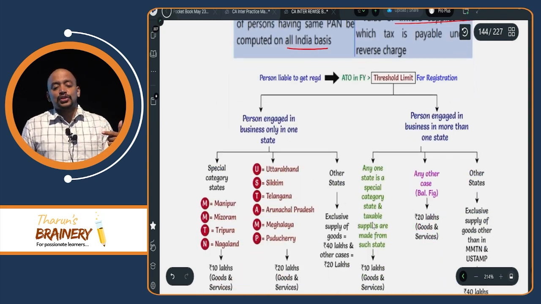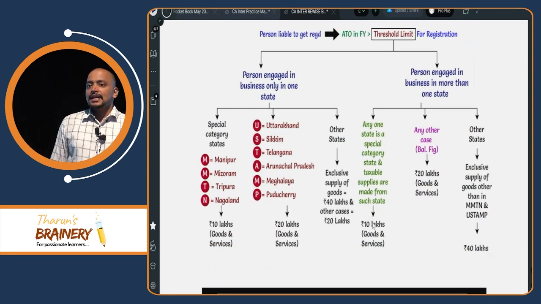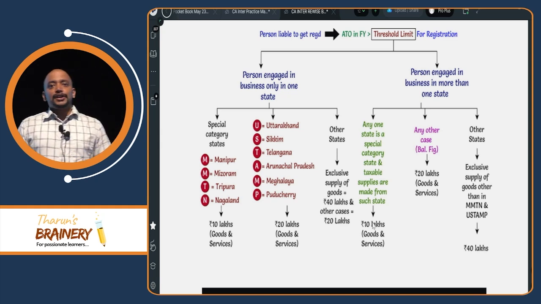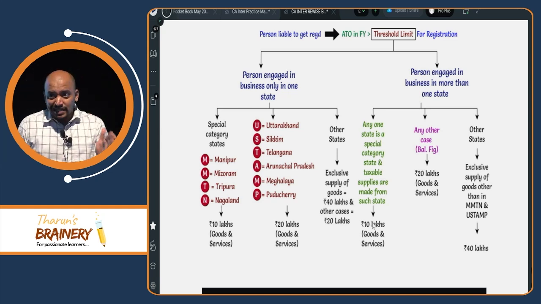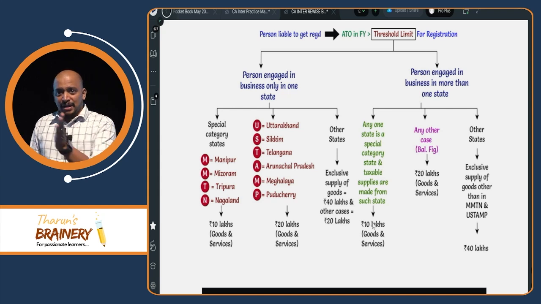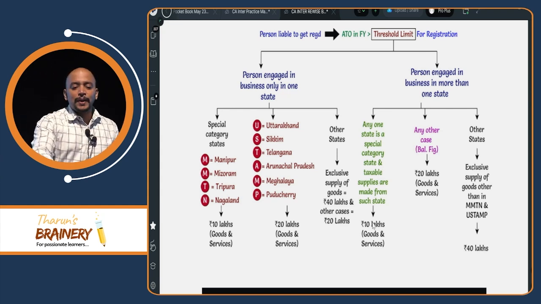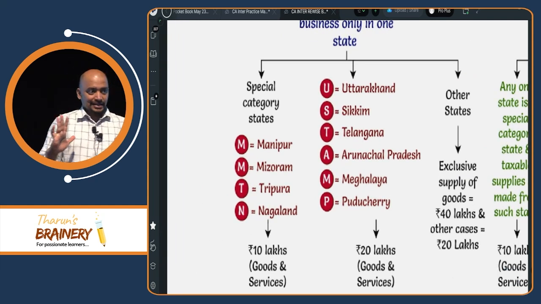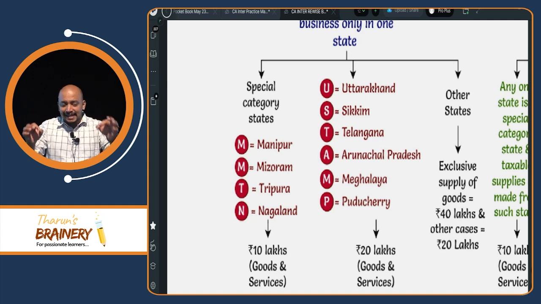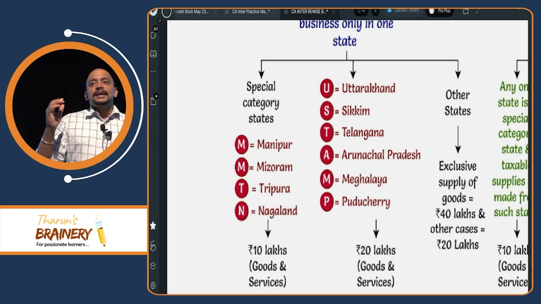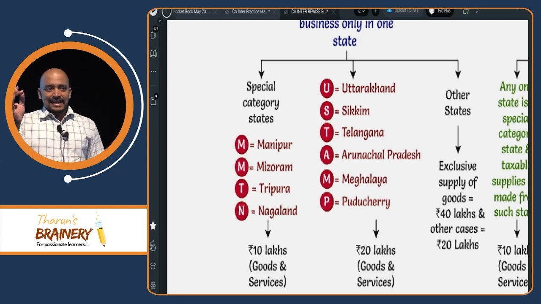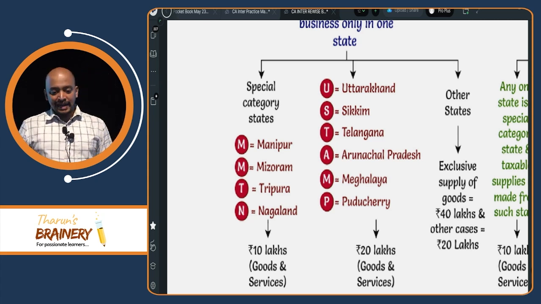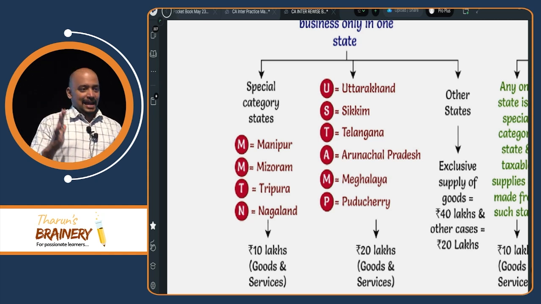So what is the threshold limit for registration? The threshold limit depends upon whether you are doing business in a single state or in multiple states. If you are doing business in a single state, and if that single state is in MMTN, that is Manipur, Mizoram, Tripura, Nagaland, then the limit will be 10 lakhs.